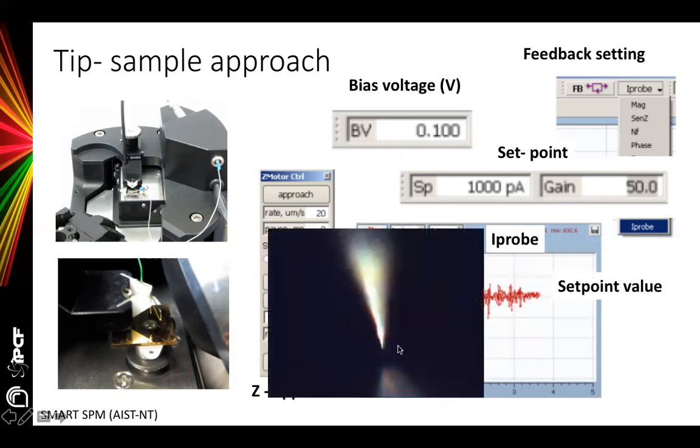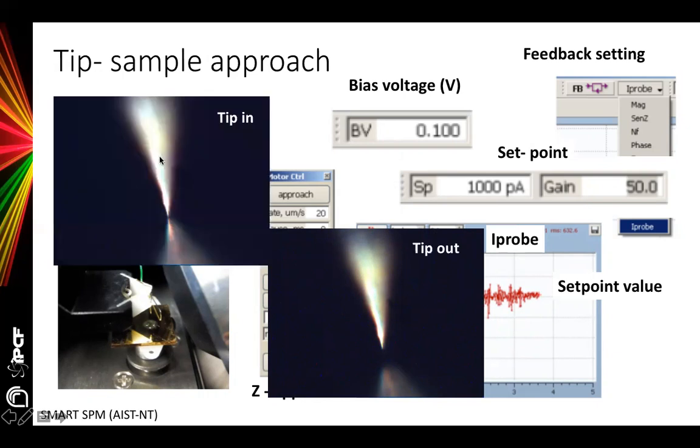This is an optical image of the tip at a few microns from the surface. You can start to see this reflection. And this is when it is in contact, when the feedback is on, so it is flowing exactly the current value that we have set.